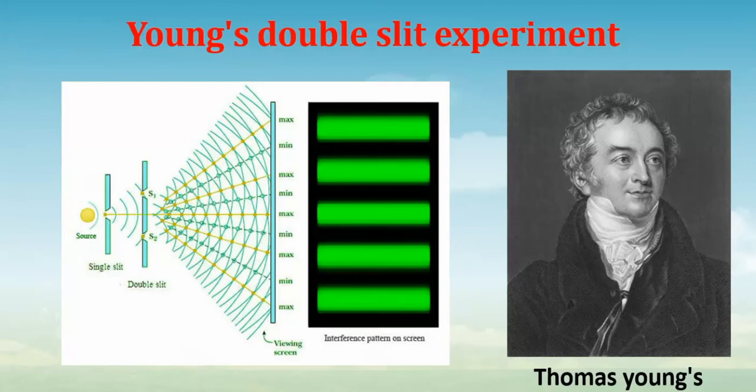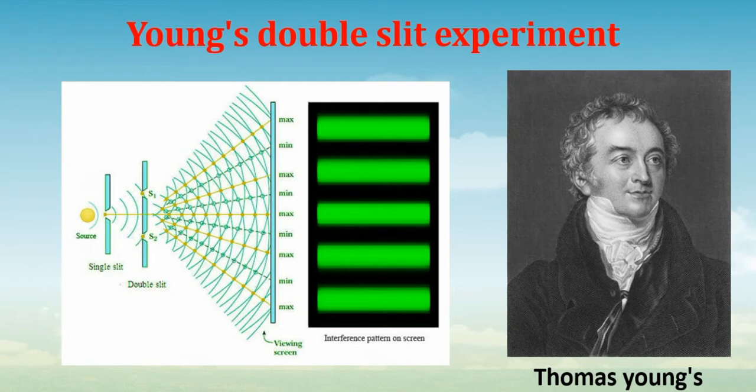In this session, we are going to discuss an experiment called the double slit experiment. This experiment was done by a scientist called Thomas Young. That's why it is called Young's double slit experiment, which is a very famous experiment in the phenomenon of light called interference.